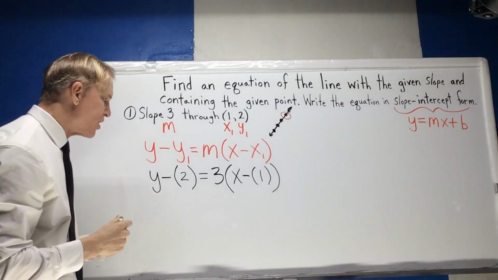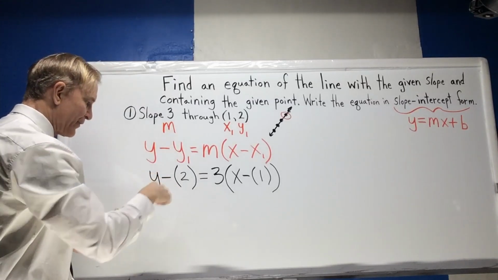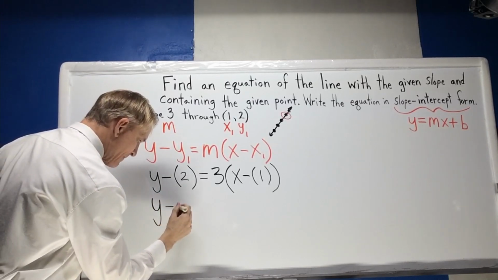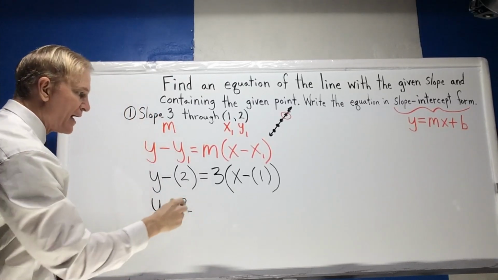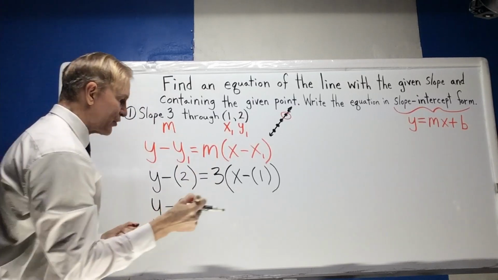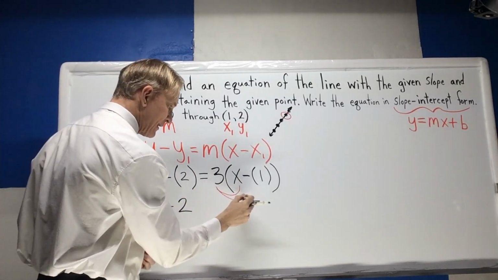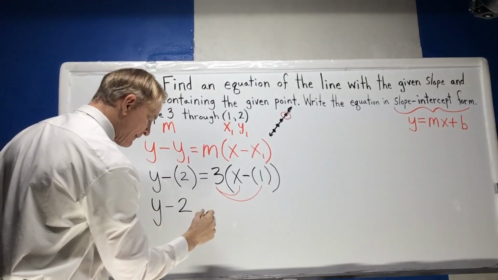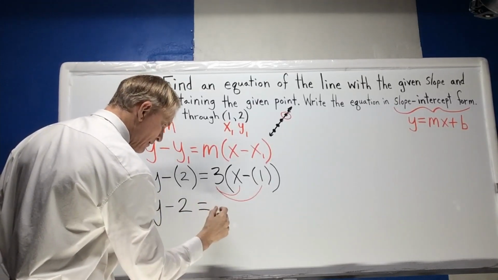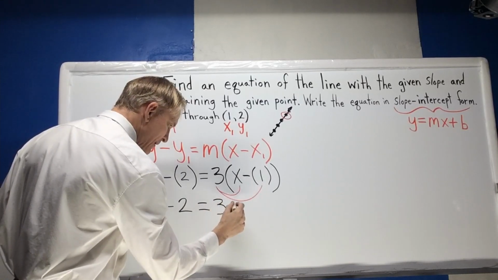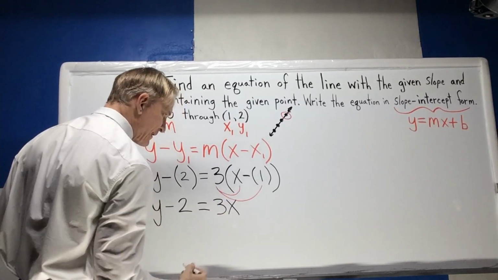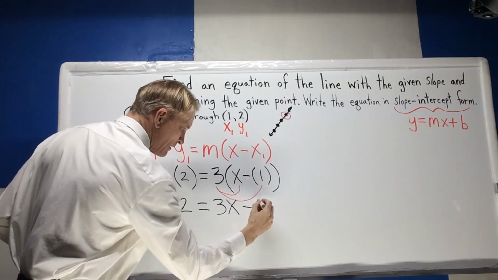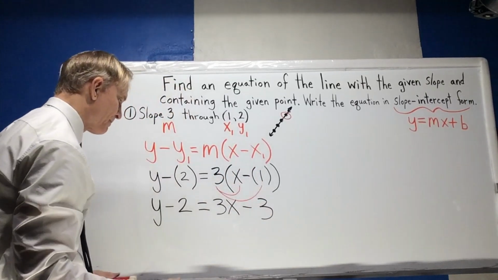All right, so now what I'm going to do here is I'm going to rewrite this as y minus 2, keep it simple, and then I'm going to distribute here. So we're going to distribute like this, and we're going to get 3x equals 3x minus 3.